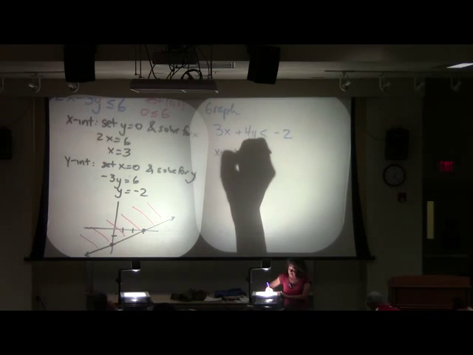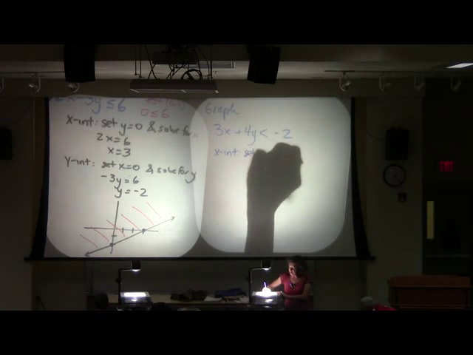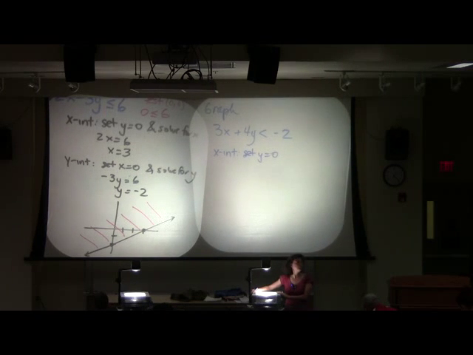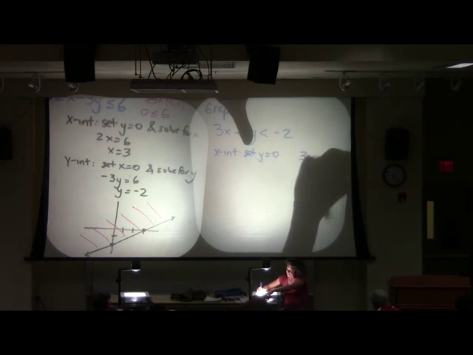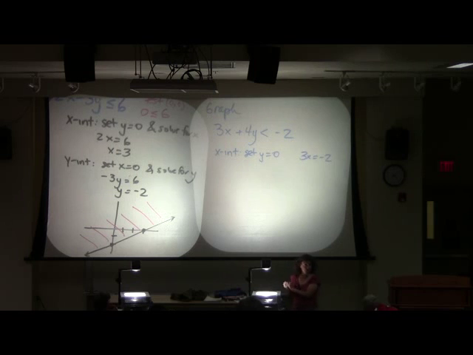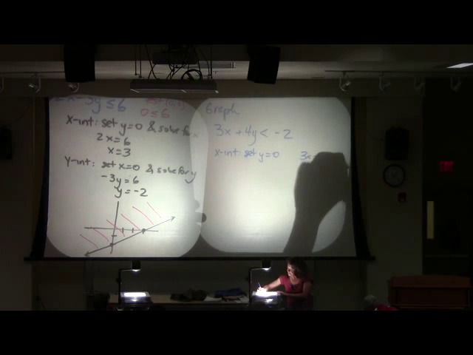To find my x-intercept, don't I set y equal to 0? Yes, I do. If I set y equal to 0, do you all agree that nixes this second term here? Yup. Negative 2. So isn't x equal to negative 2/3?